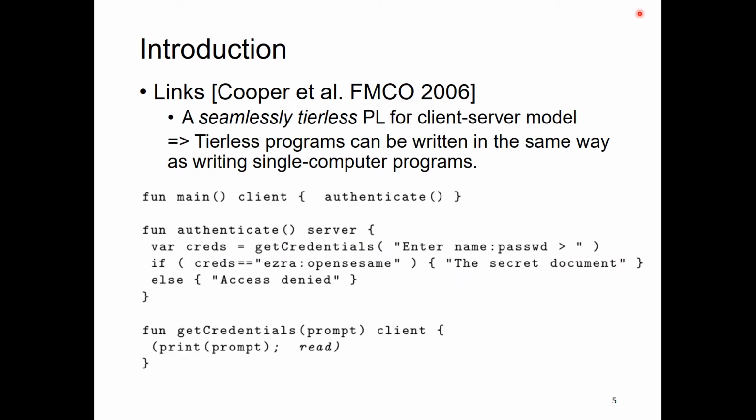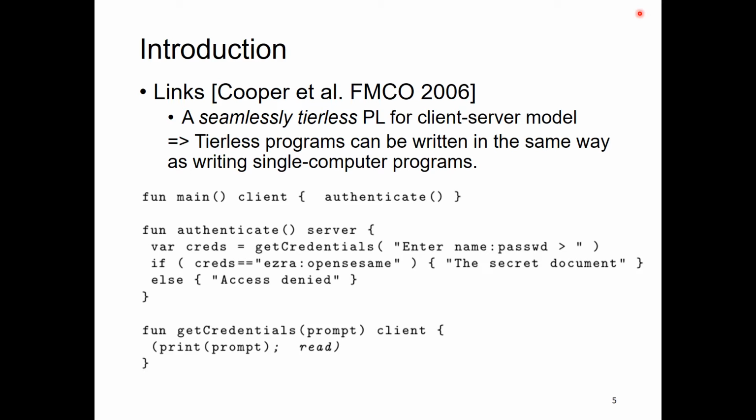Links is a real-world seamlessly tierless programming language for a client-server model. An advantage of the seamlessly tierless programming language is this. If you look at this example program written in Links, you know that the tierless program can be written exactly in the same way as writing single computer programs.